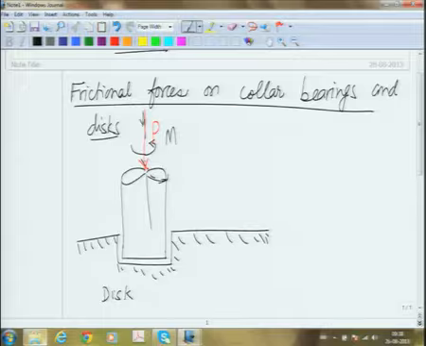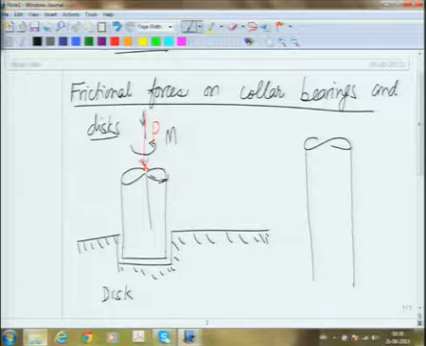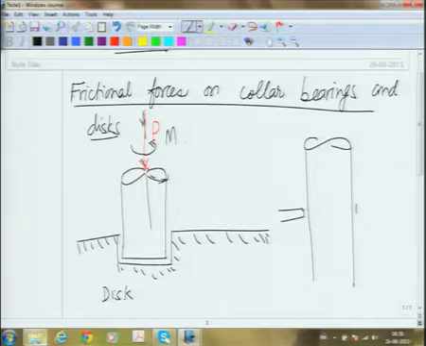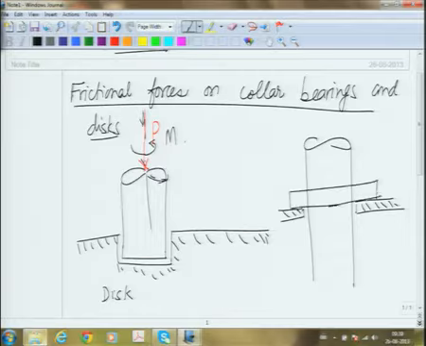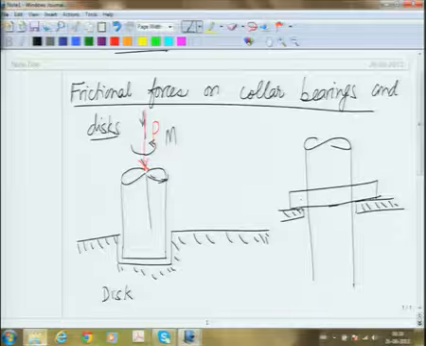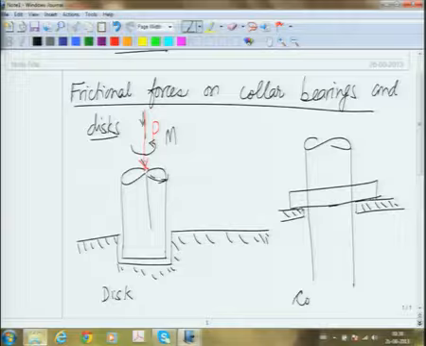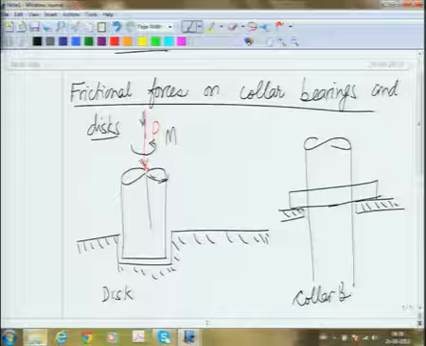In this we also have what is called a collar bearing. In a collar bearing, there is a rod like this going here, there is a surface, and on this surface there is a collar, and this is what we call a collar bearing.